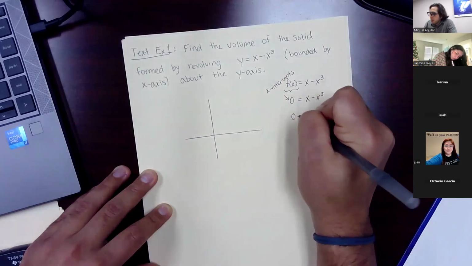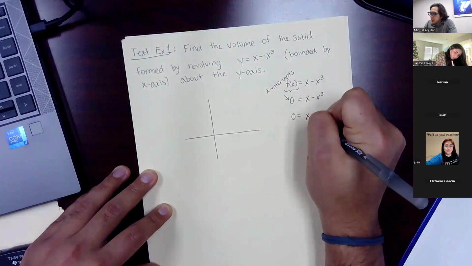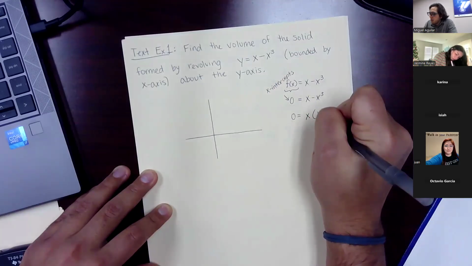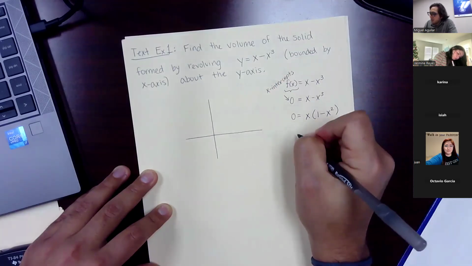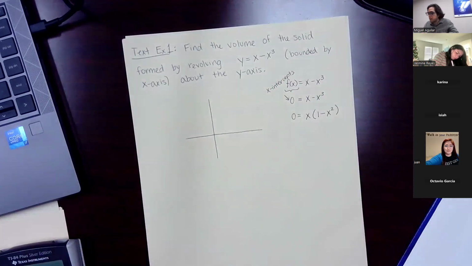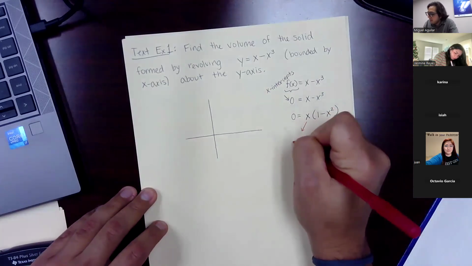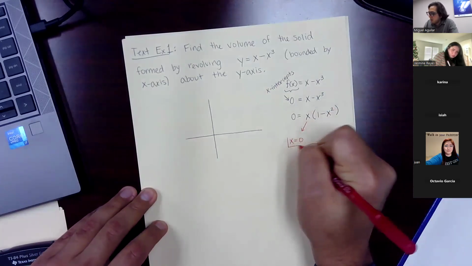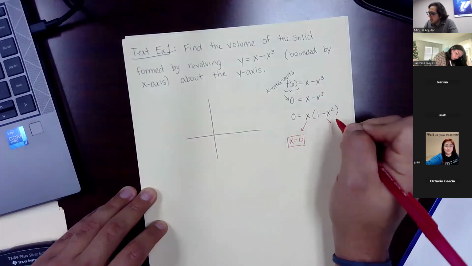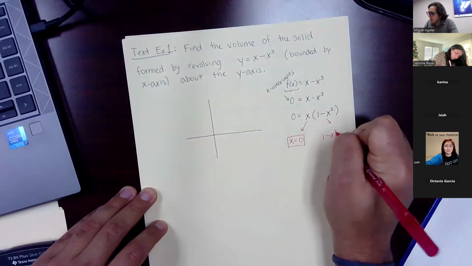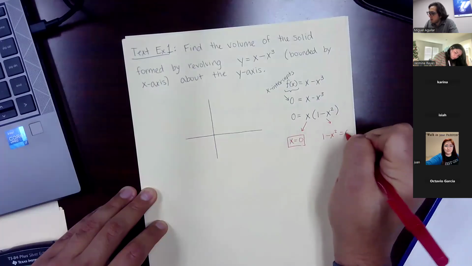And this should be a nice, easy factoring. So this is going to be x in common, and then we have 1 minus x squared. If we set these two factors equal to 0, one of our solutions is x equals 0. And then 1 minus x squared equals 0.